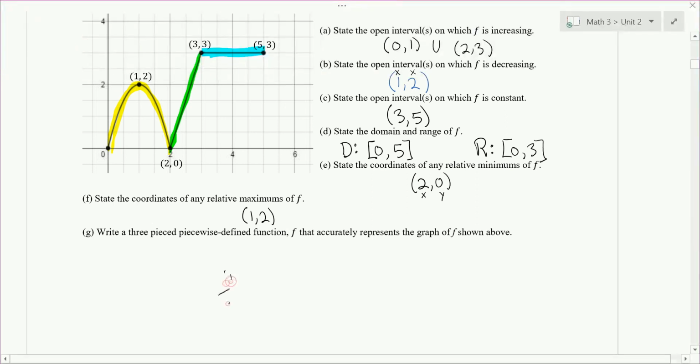So we have f of x equals, leave enough room for three pieces, so I'll work with the first piece first.